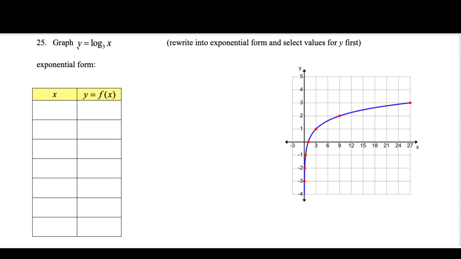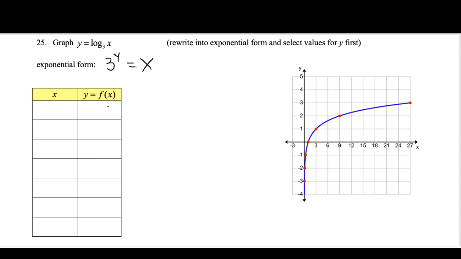So if my function is y equals log base 3 of x, in exponential form, that would be a base of 3 raised to the power of y is equal to x, right? So that is the way of relating the x and the y values in the exponential form. And then, using this form, what we do is we choose y values first and solve for x, right? So it's a little bit different from how we've done it previously, right?